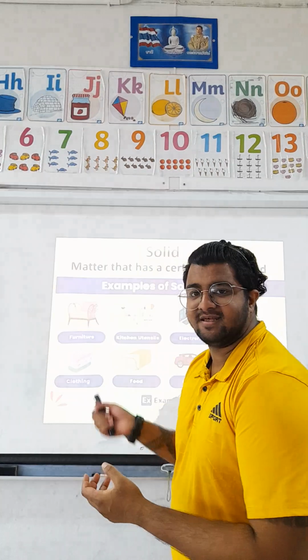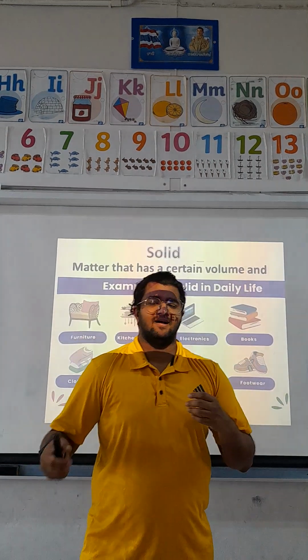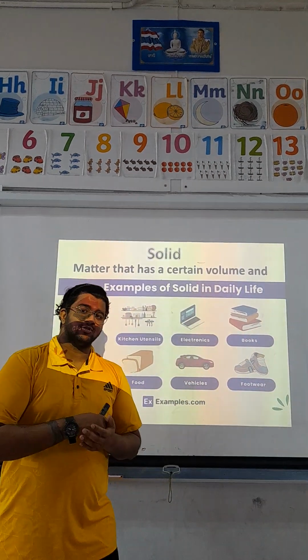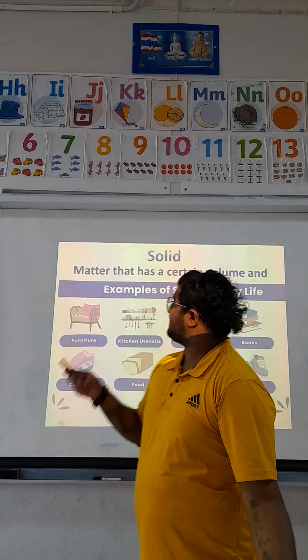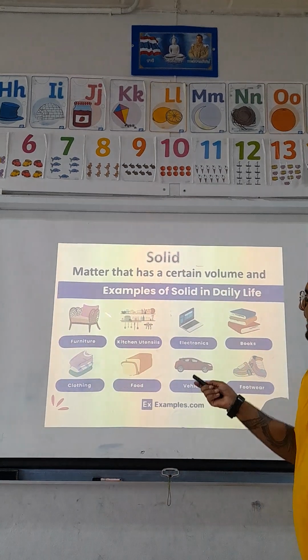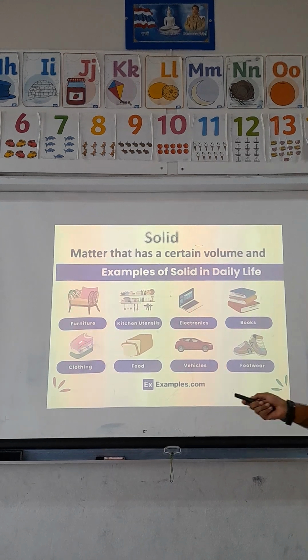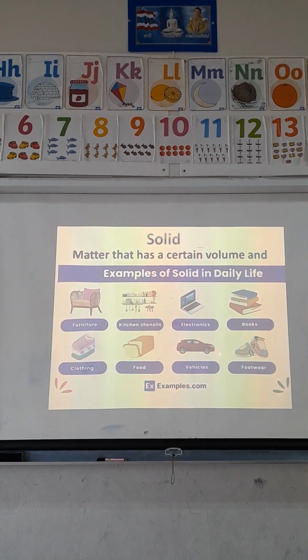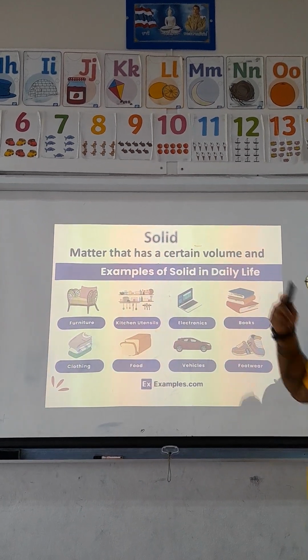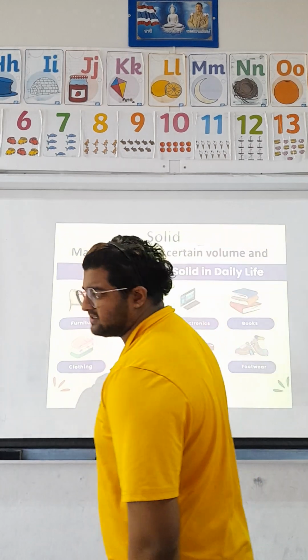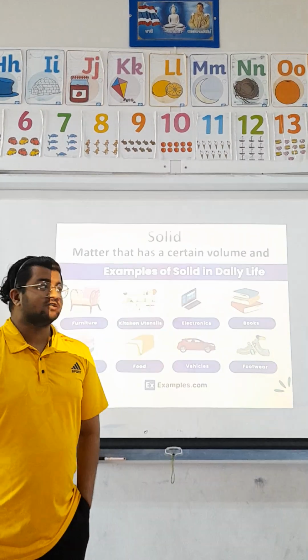If we break them, it would be very, very difficult for us to put it back to its original shape and size. We have furniture, kitchen utensils, electronics, books, clothing, food, vehicles, and footwear. Again, boys and girls, all of this is examples of solids.